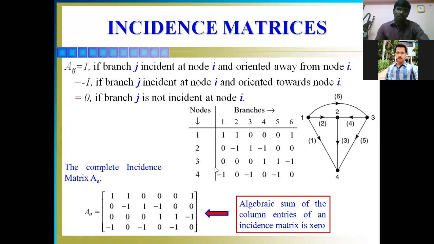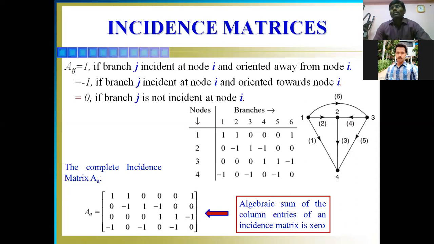So the sum of each column should be 0 for the incidence matrix only, not for all. This is nothing but what you get if you apply KCL to all nodes.